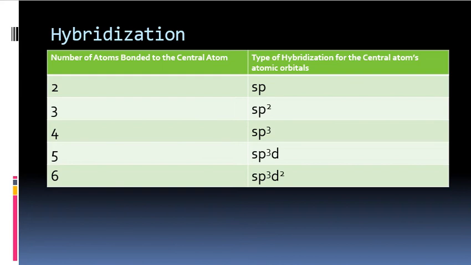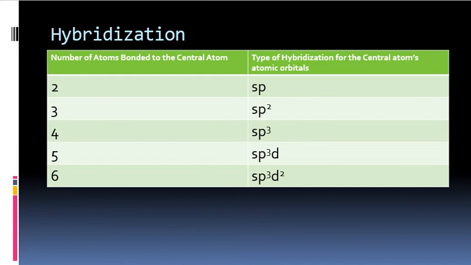Or take a molecule like phosphorus pentachloride. Phosphorus, that central atom, can be bound to 5 outer atoms. That means that the central atom will need 5 of its atomic orbitals to hybridize to form 5 different hybrid orbitals.